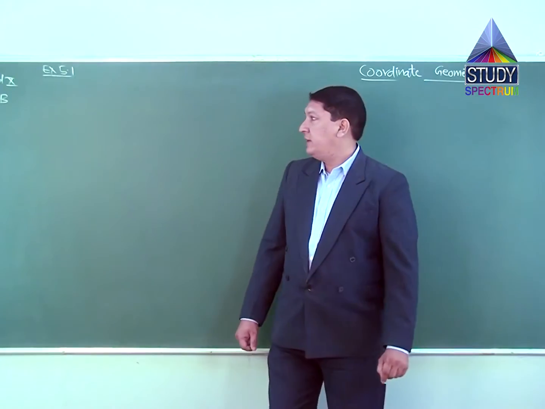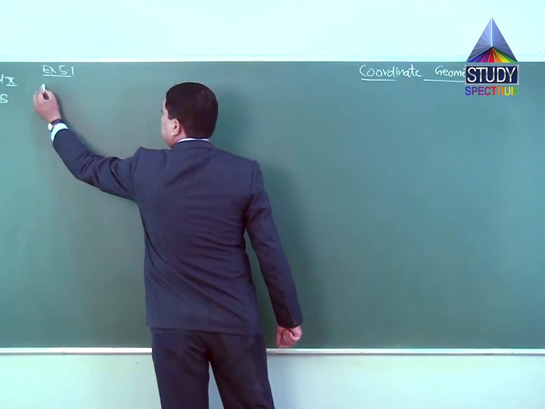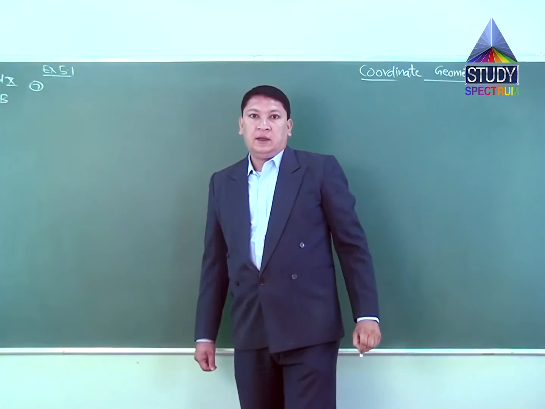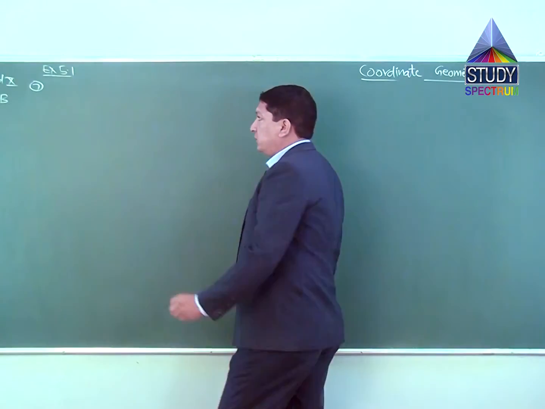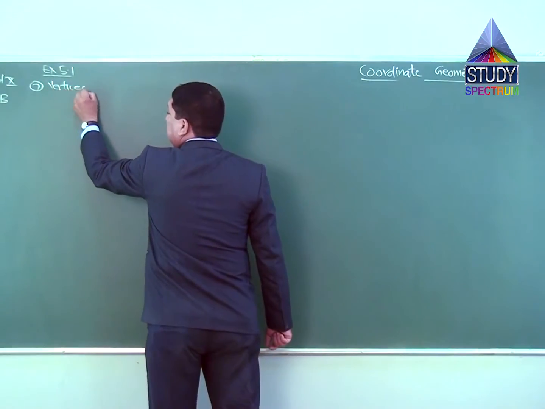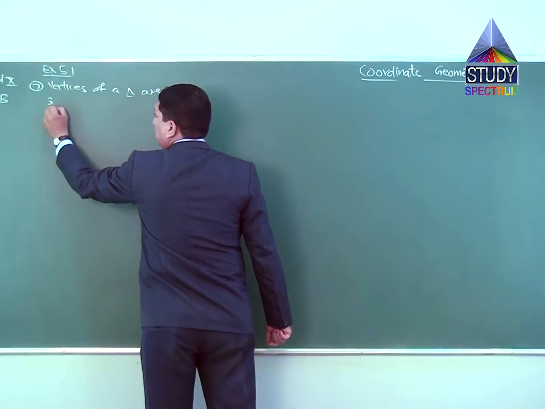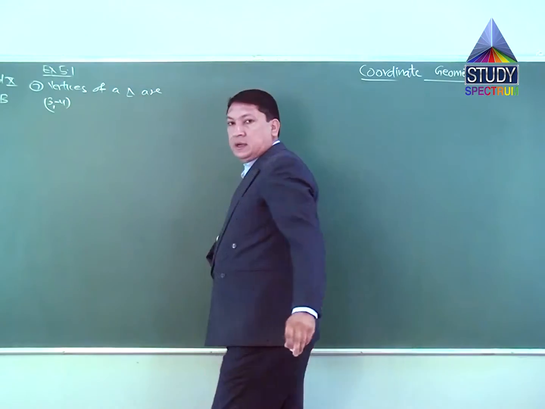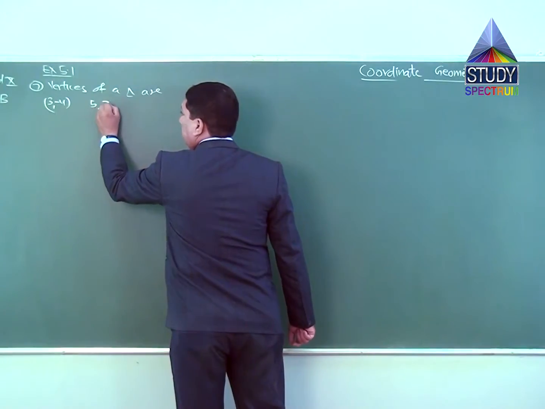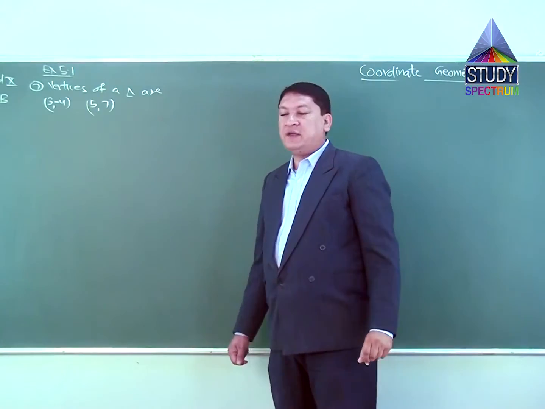Next, question number 7 of exercise 5.1. So we'll take 7th sum. Question is, vertices of a triangle are (3, 4), other points are (5, 7), and third point is (-4, 5).